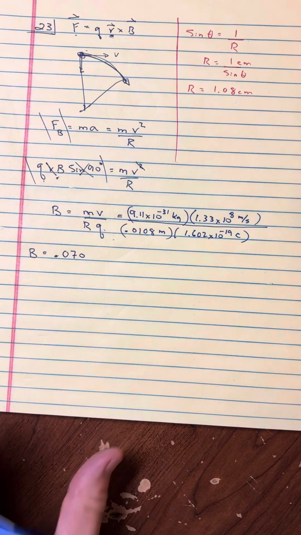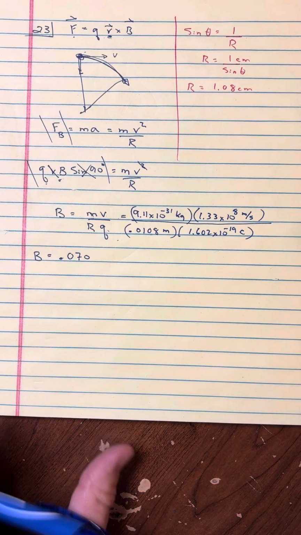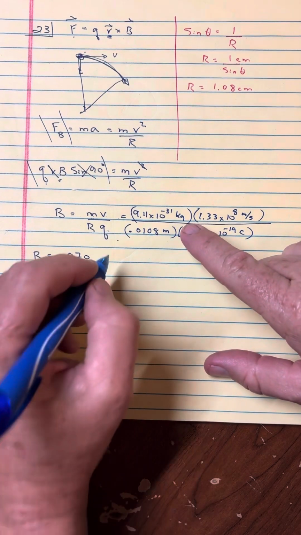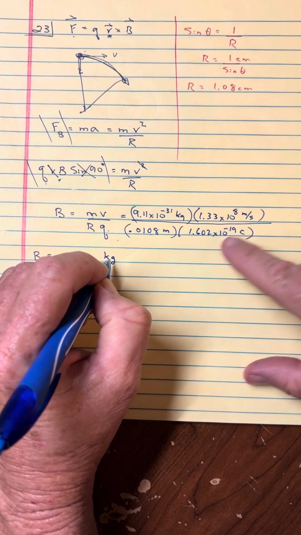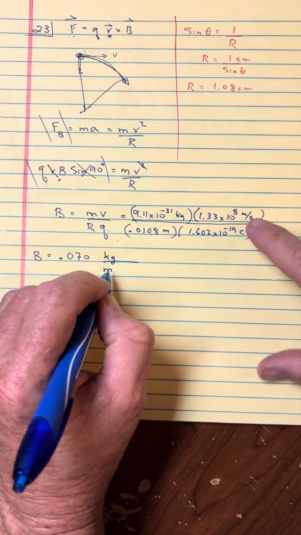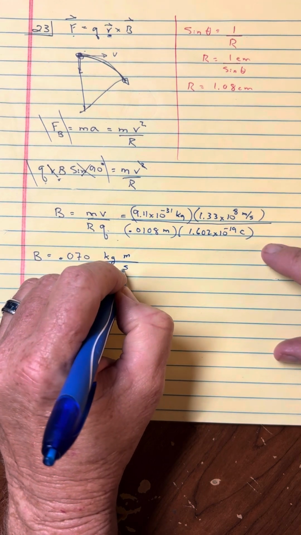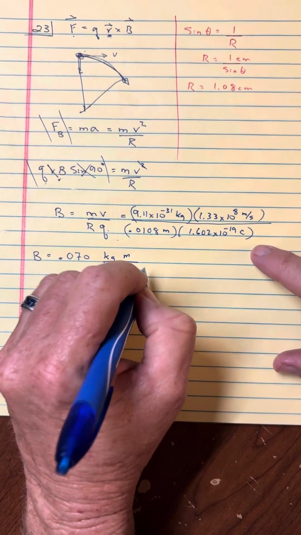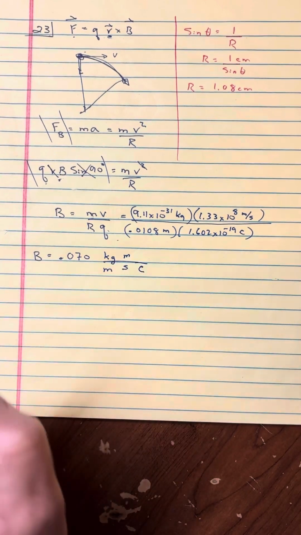And this should come out to be Tesla. Let's give it a try here. Let's see, this would be kilogram, over meter, this would be meter per second, this would be coulomb.